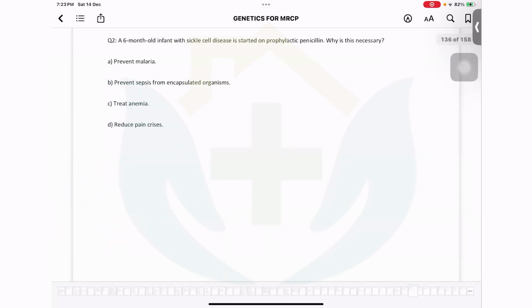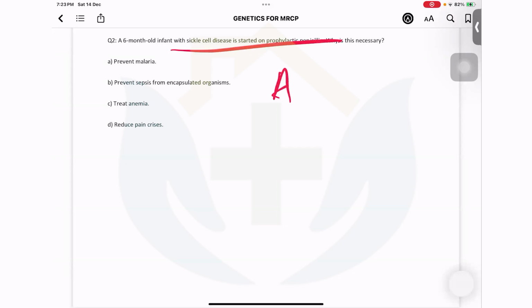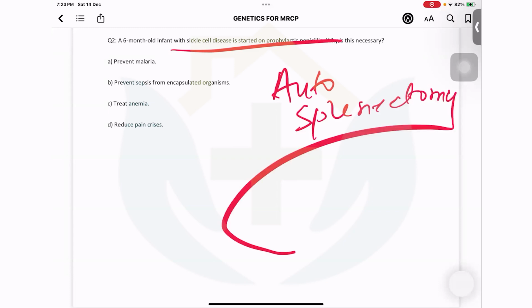A 6-month-old infant with sickle cell disease is started on prophylactic penicillin. Why? To prevent sepsis. Typhoid prevention? Malaria? No, because these patients undergo autosplenectomy, so you try to treat them for encapsulated organisms.